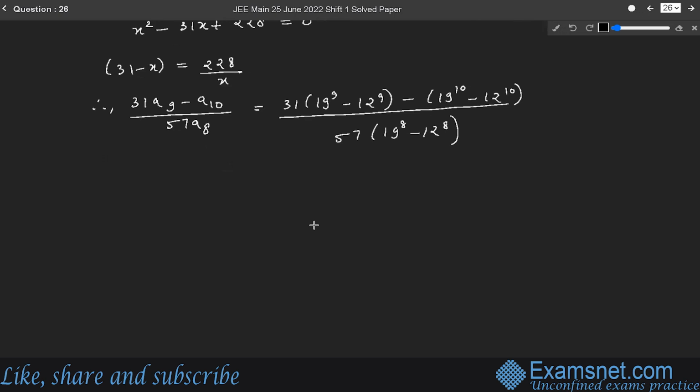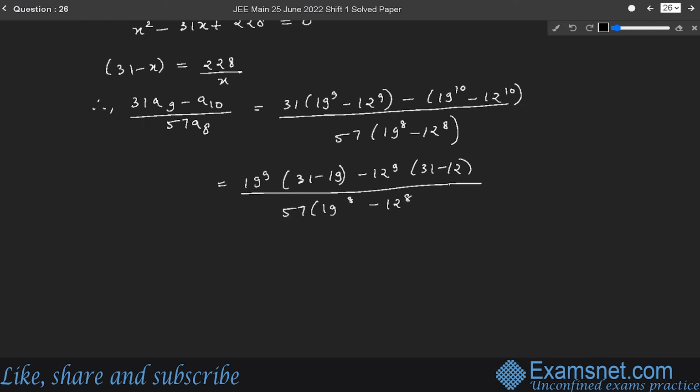So this will be equal to 19^9 into (31 minus 19) minus 12^9 into (31 minus 12), whole divided by 57 into (19^8 minus 12^8). So this will be equal to 228 into (19^8 minus 12^8) whole divided by 57 into (19^8 minus 12^8).